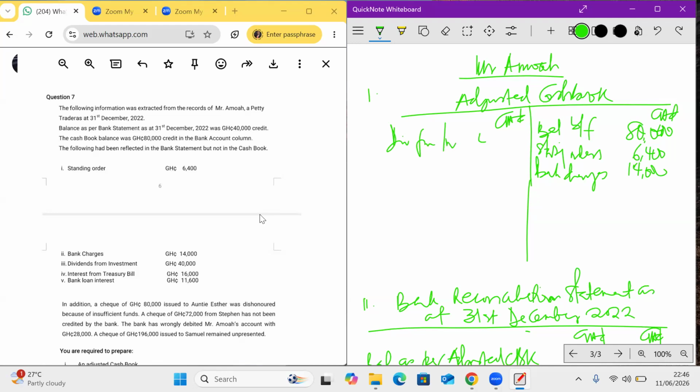How much? 40,000. And then we have interest from Treasury Bill, 16,000. Interest is at debit.